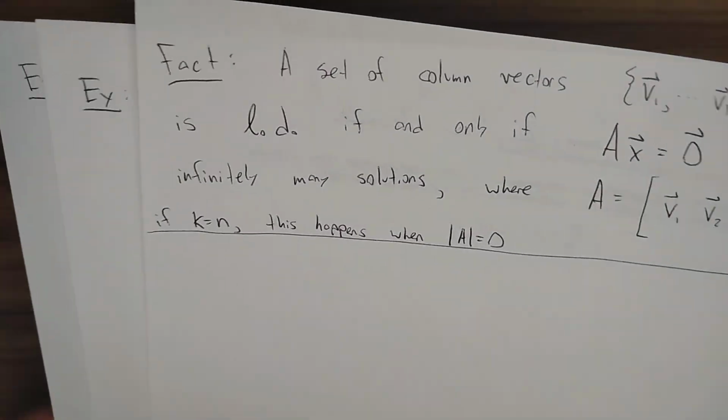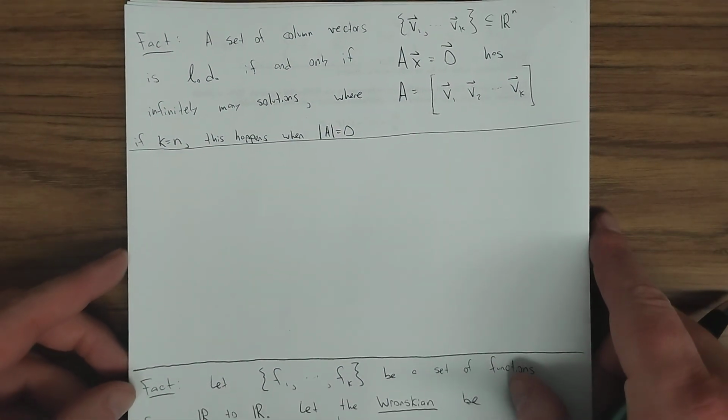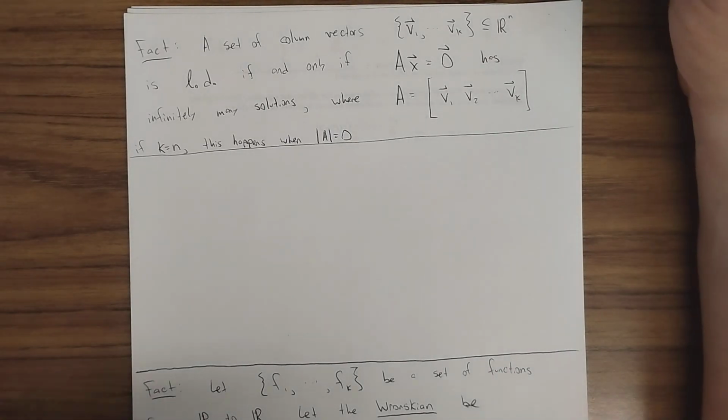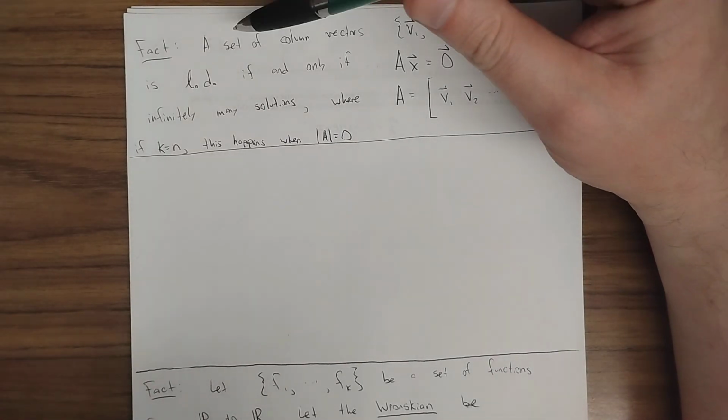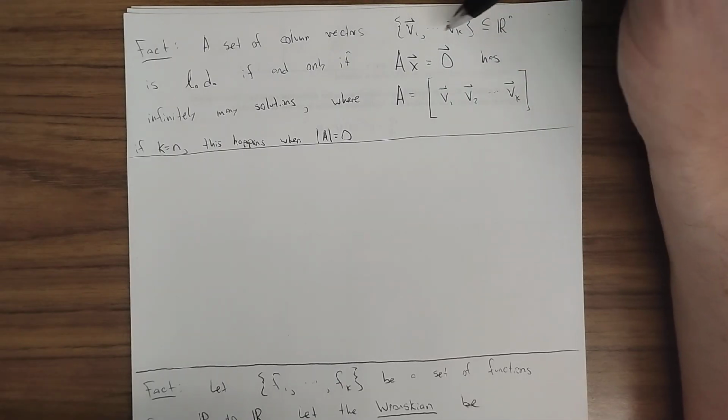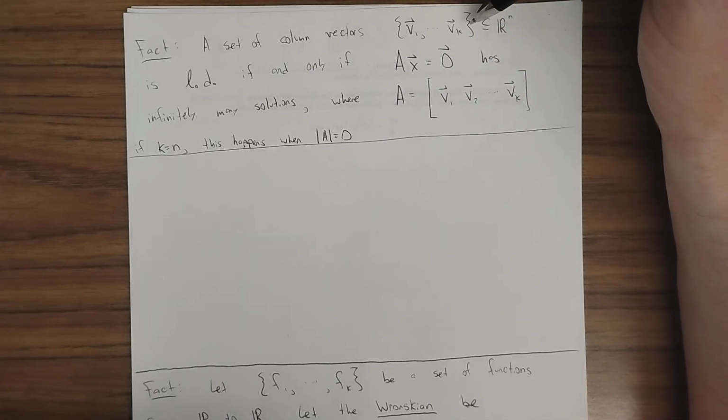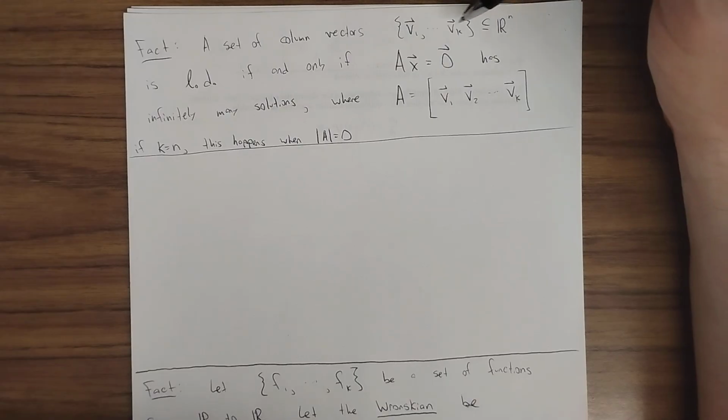So let me give you a couple of shortcuts for telling whether things are linearly dependent or independent. For our first example, we had a set of column vectors, 3 vectors in R3.